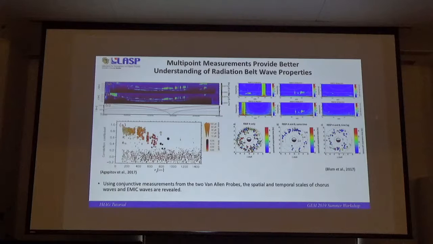And the right figure similarly is from Blum et al. in 2017. They also used conjunctive measurements to study the spatial and temporal evolution and scale of EMIC waves. Such detailed information on radiation belt waves would help us better understand the wave distribution and properties, and in turn would better understand the wave particle interaction and its effect on radiation belt particles.